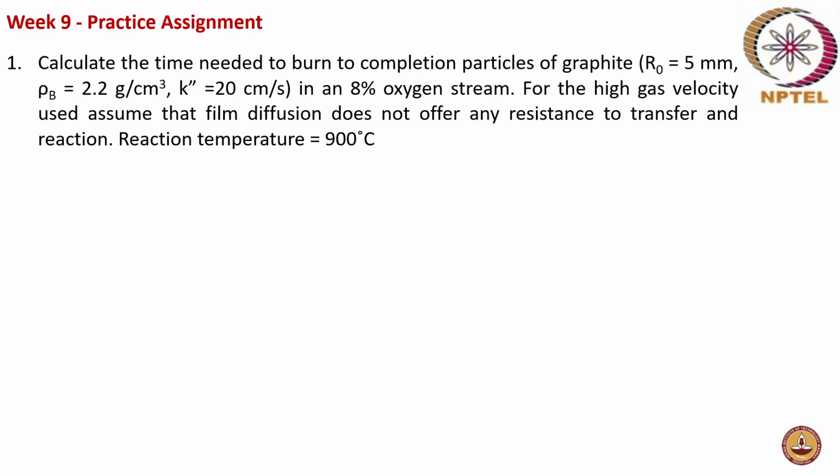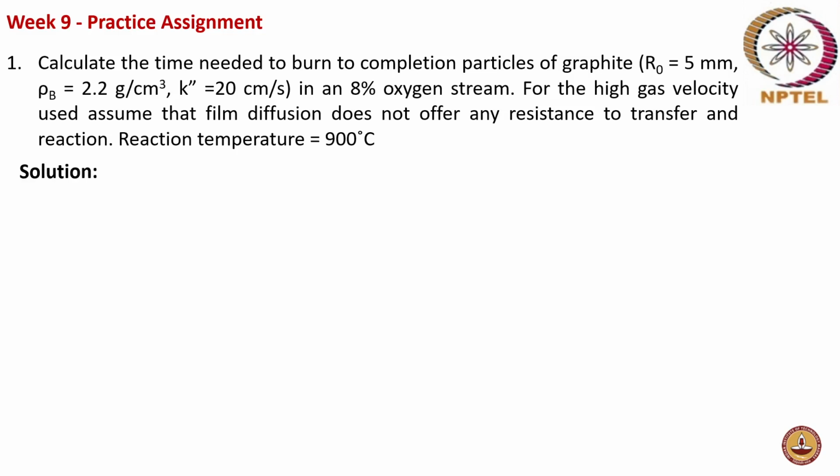So here they have given graphite particles, along with the density, the radius and the specific reaction rate constant when it is reacting in a stream of oxygen. The concentration of oxygen is also given, and the temperature at which the reaction takes place is also given. They have asked us to find the time needed for complete burning of these graphite particles.